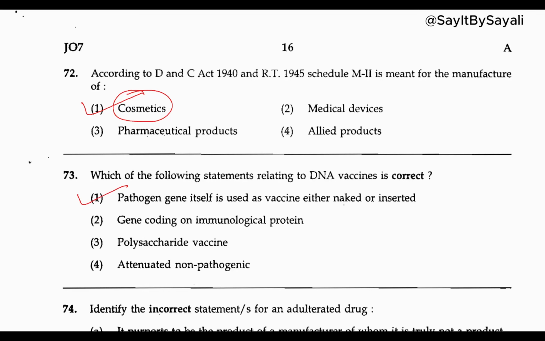Pathogen gene itself is used as a vaccine, either naked or inserted. Why? Because DNA vaccines work by introducing a specific pathogen gene directly into the host cell, either as naked DNA or inserted into a vector. The host cell then produces an antigen protein, triggering the immune response. That's why the correct option is only 1.